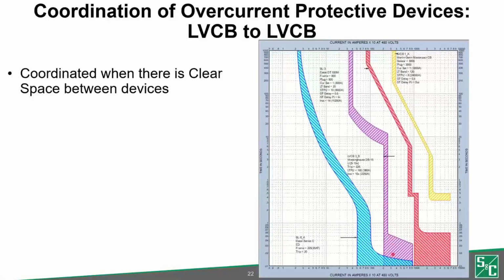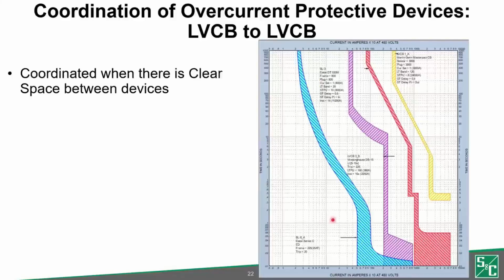That's usually not desirable, especially if it's a requirement in the system to be selectively coordinated, meaning that only this 20 amp breaker would trip and not extend the outage, depending on the system.